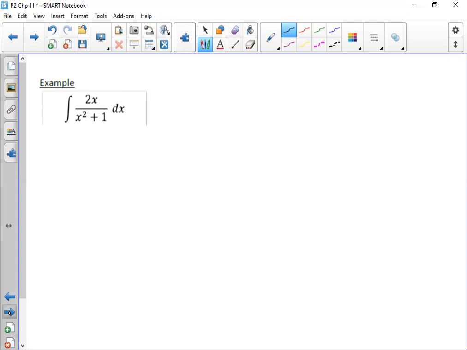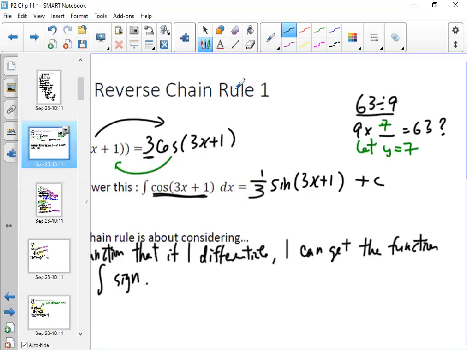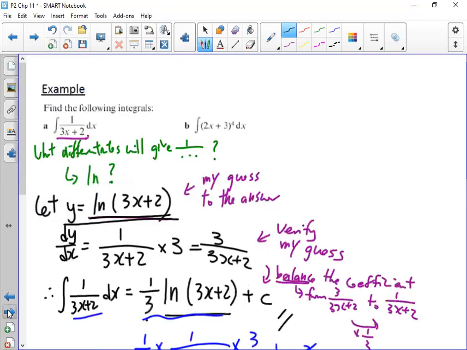Well, reverse chain rule. How do we use reverse chain rule in here? Again, think about what differentiating will give a fraction. If we look back at the notes on reverse chain rule, our very first example, what differentiates to give you a fraction? ln, because differentiating ln of the denominator will give you 1 over the denominator.